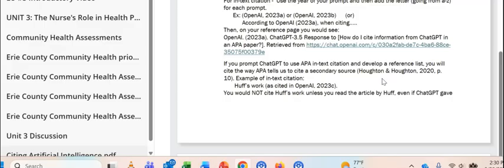You have to assure that it is accurate, but it can definitely assist you, but it is not to be doing the work. So please note that you do have to cite ChatGPT or Claude or whatever AI tool you're using, just as well as citing your textbook or citing an article.